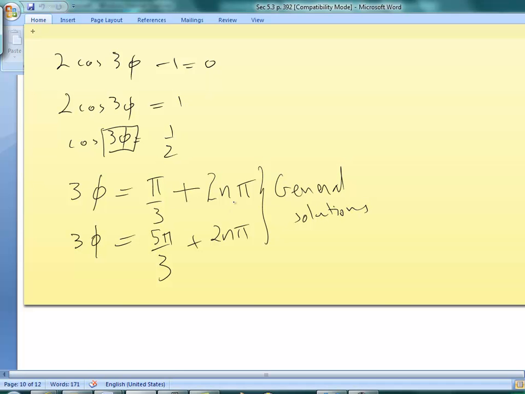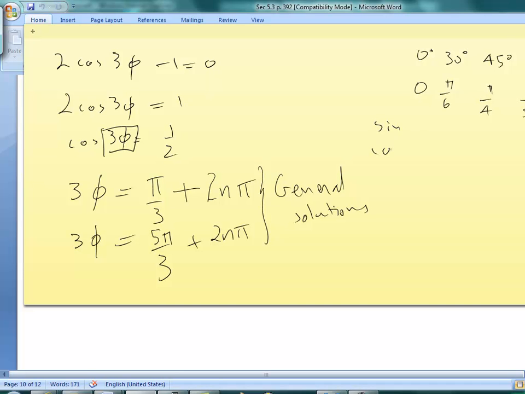I want to make sure you understand how we got pi over 3 and 5 pi over 3. In your friends table, if you remember, 0 degrees, 30 degrees, 45 degrees, 60 degrees, 90 degrees, and underneath the radians, 0, pi over 6, pi over 4, pi over 3, pi over 2.